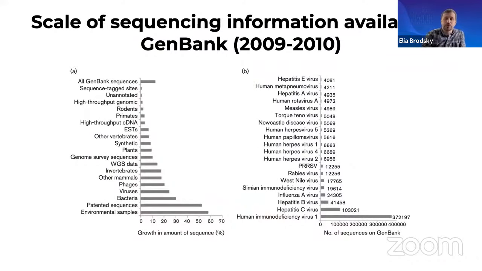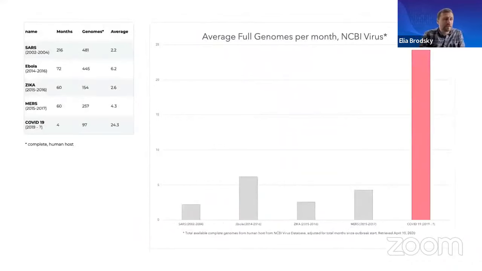For example, if we look at the scale at which COVID-19 is being sequenced, we can see that the major outbreaks of infectious diseases like SARS-1, Ebola, Zika, MERS, and now COVID-19 have been these spikes in sequencing. Why do we want to sequence these genomes, and why particularly do we want to sequence pathogenic genomes?